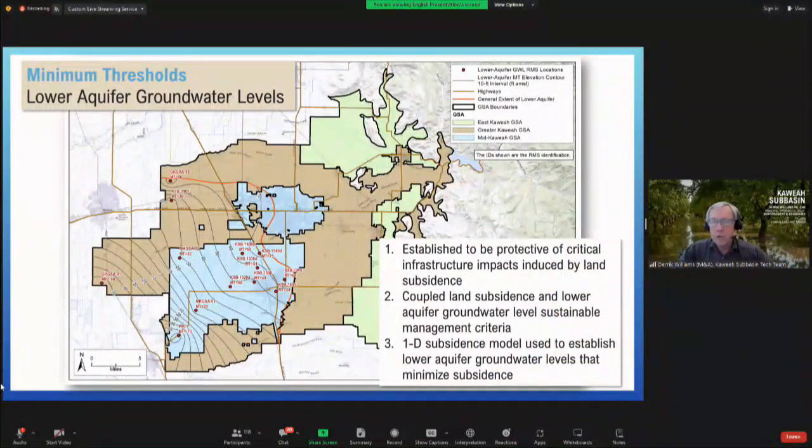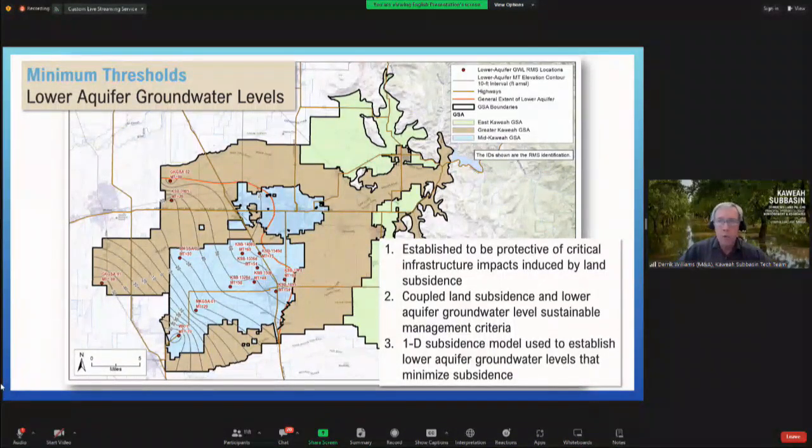The GSAs used a groundwater model, a one-dimensional groundwater model that relates groundwater levels to future subsidence. It predicts future subsidence at different groundwater levels. And they looked at a series of groundwater levels and chose the groundwater levels that would not introduce any undesirable subsidence. And this is a map of the groundwater levels. And it's a reasonable map. These are all only in the lower aquifer.